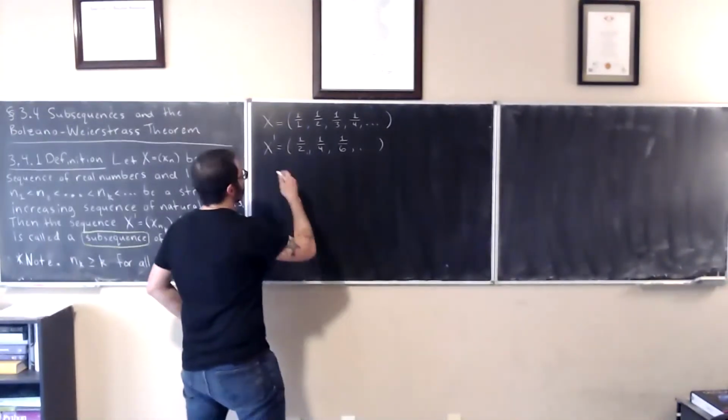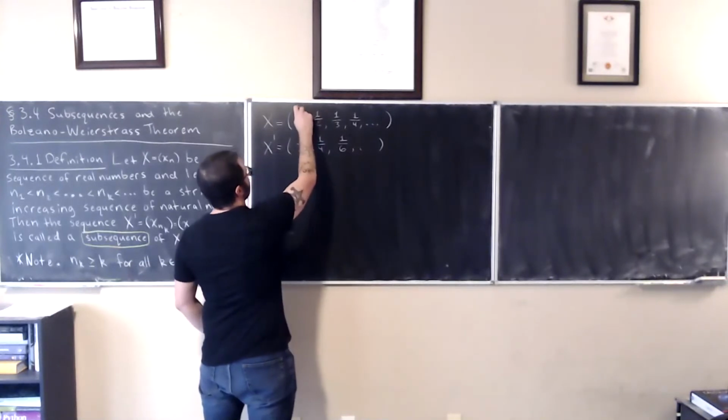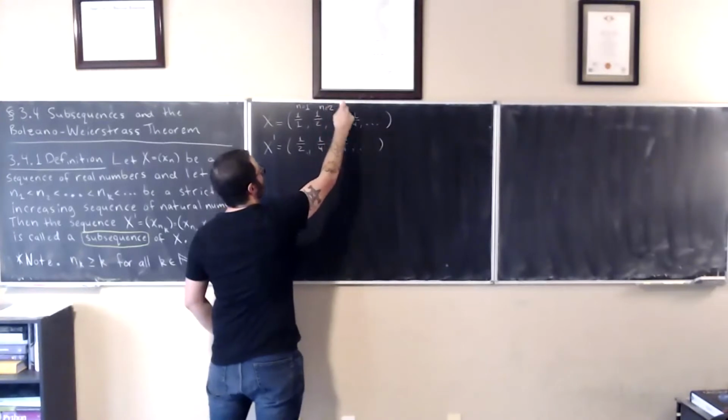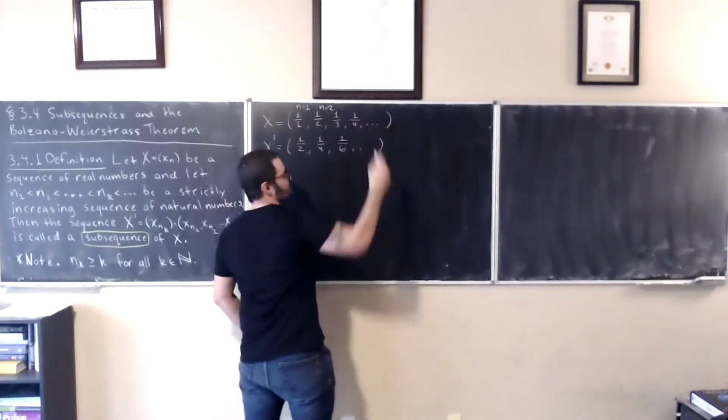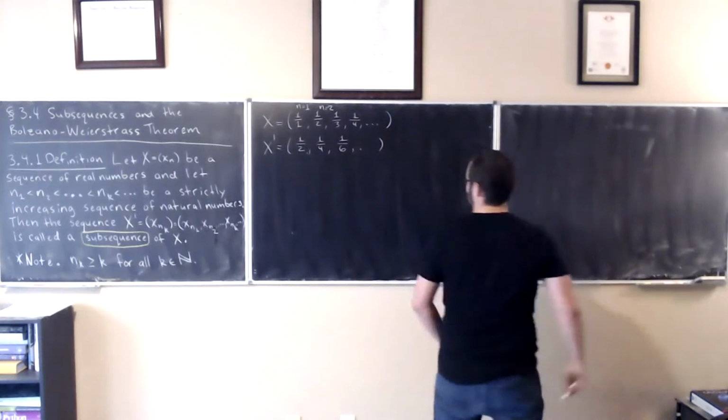Well, we would say here that the indices are: n is equal to 1, n is equal to 2, n is equal to 3, n is equal to 4, so forth and so on, right?